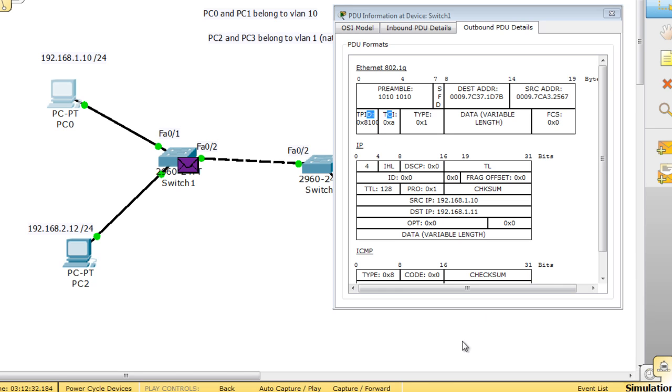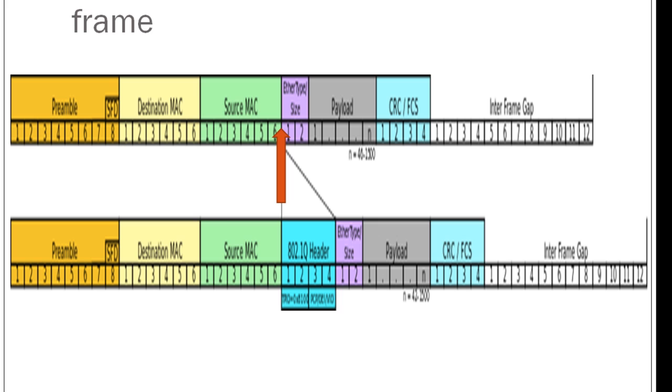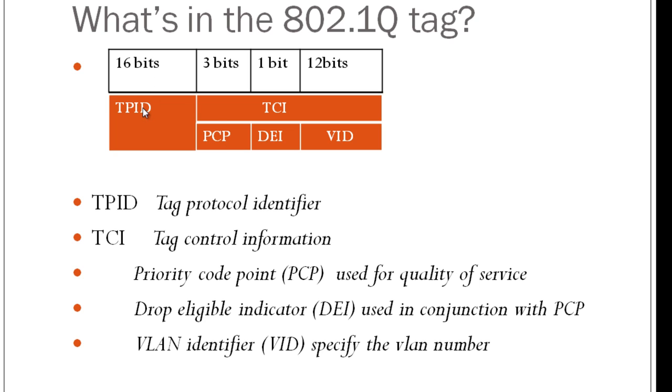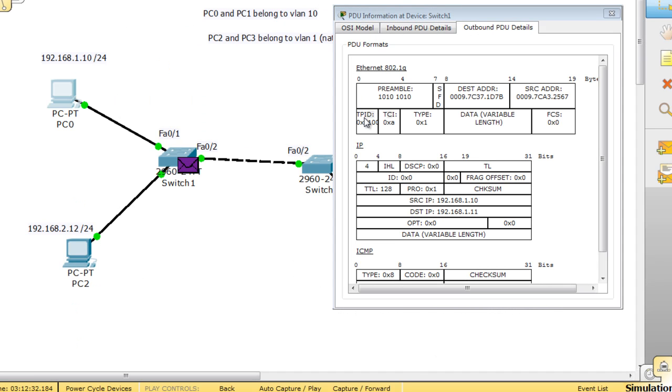And if you remember my presentation, let me go back and show you. This is the TPID and the TCI up here. And you see that's what we have, the TPID and the TCI. And the TCI is where I'm going to focus right now, because that's where we have the VLAN number information. And if you look at this hexadecimal up here, the A, if you know about hexadecimal, A is for number 10. So that means this is the number for the VLAN we are using.